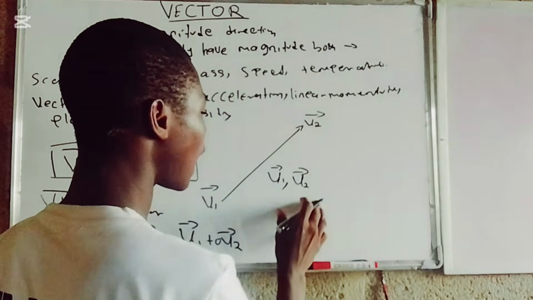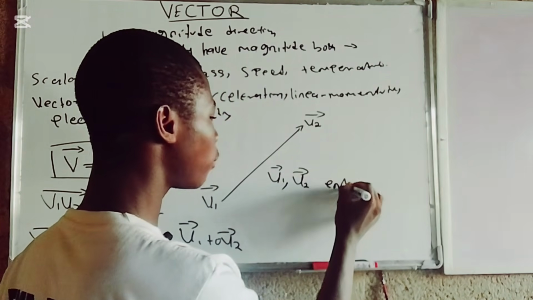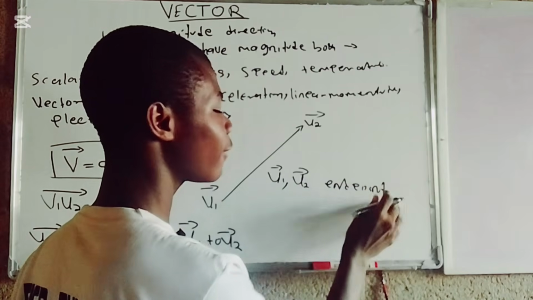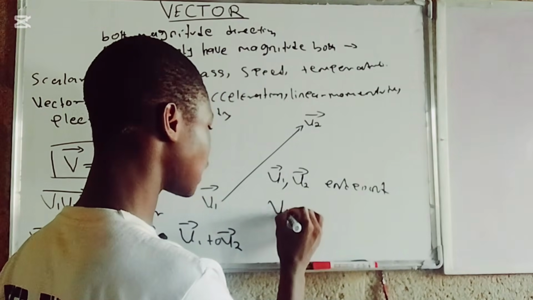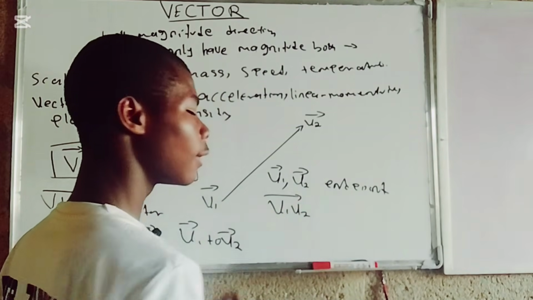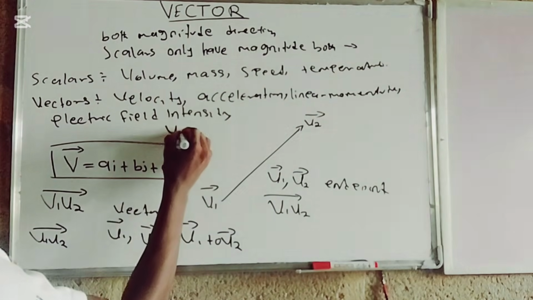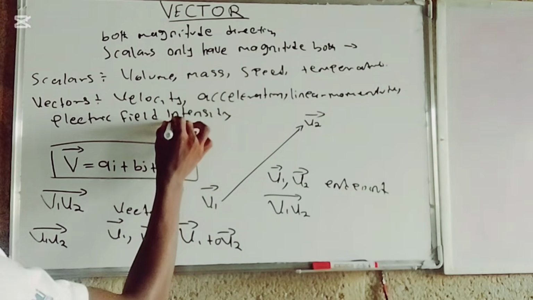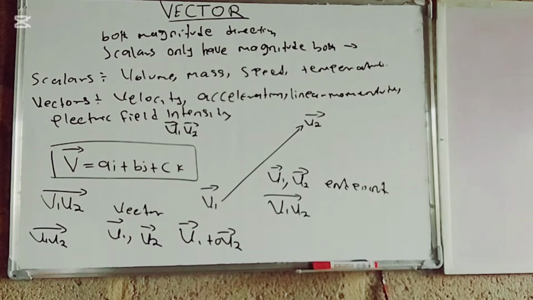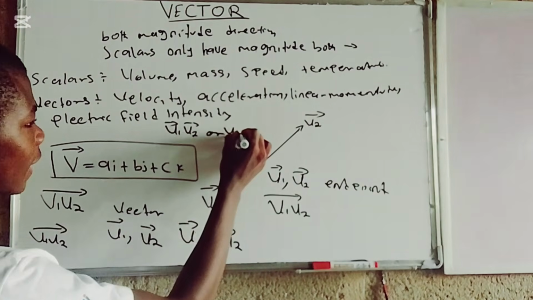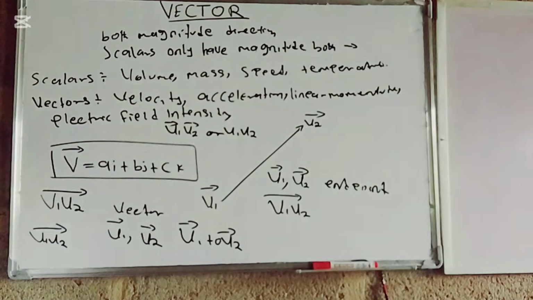You have to notice that V1 and V2 are called the end points of the vector V1 V2. Let's say vector V1 and vector V2, or only V1 and only V2.